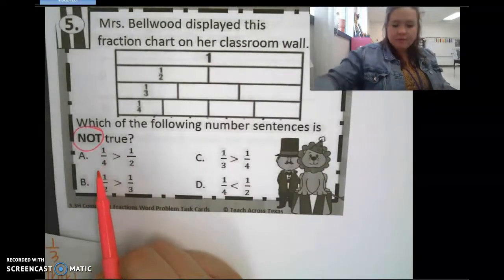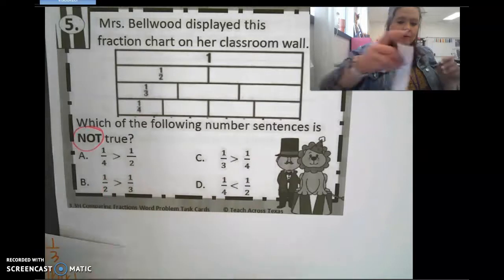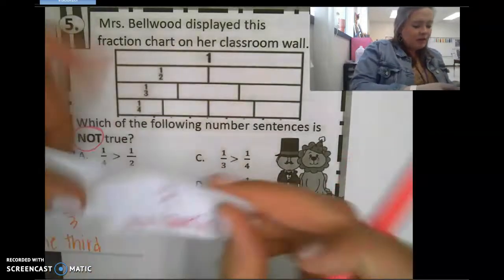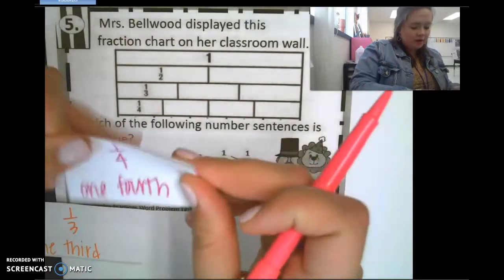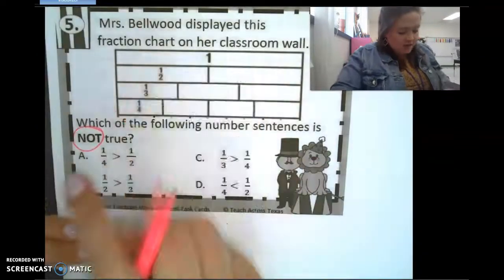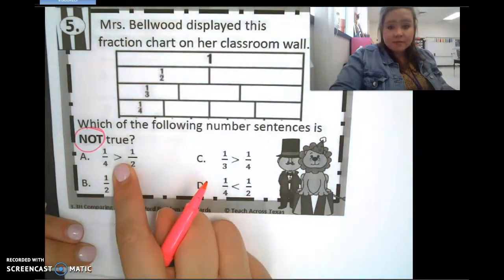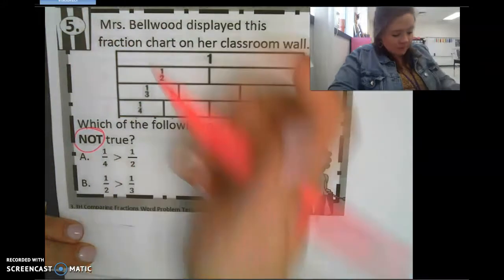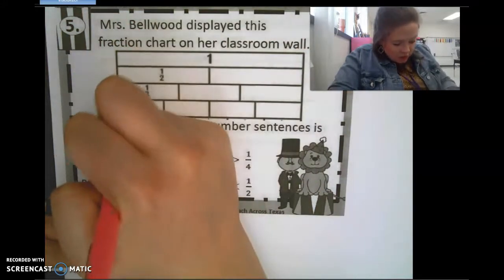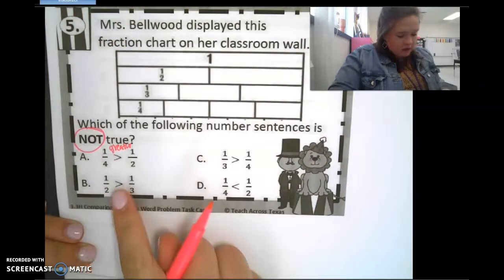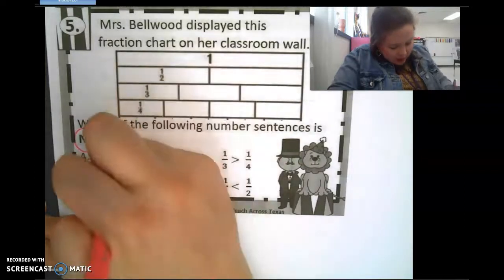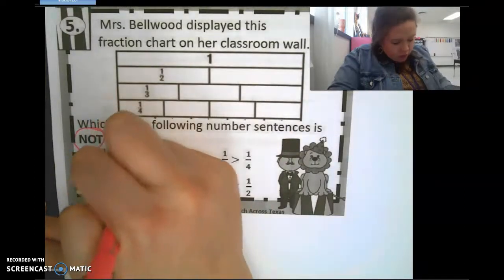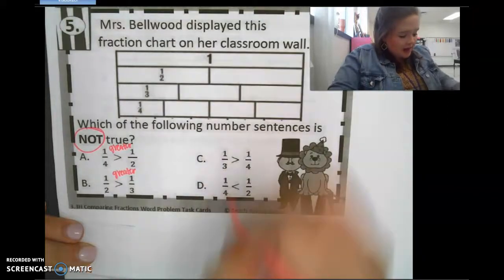1/4. And I can just fold this up to represent 1/4. What is this symbol? Greater. Good. So that is also greater. I'm going to go ahead and write all of the words above my symbols. That is greater.